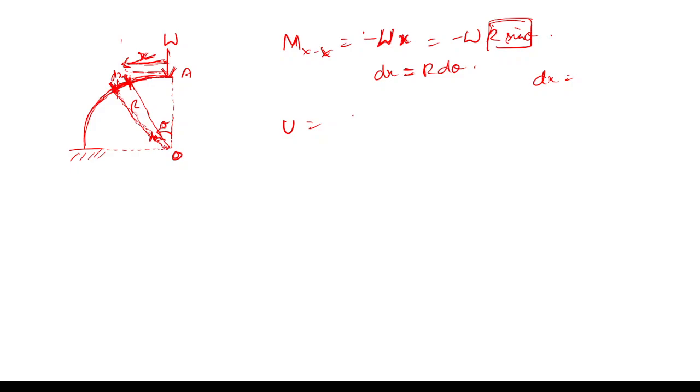Sir, but what is the fault in that? That's what I'm saying. What you are saying is, sir, I'm writing x equals r into sine theta, so why not differentiate this x like that only, in terms of d theta, and get dx. But I don't think we can do it like this, because I'm differentiating this distance in terms of d theta.